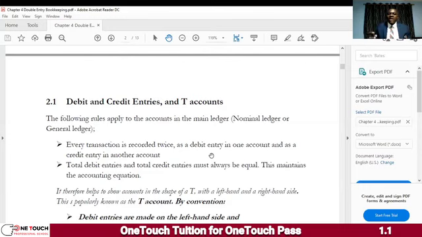Because when we're looking at the accounting equation, we said that the assets of a business is equal to capital plus liabilities.